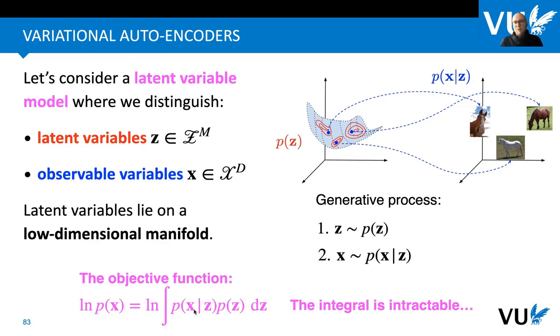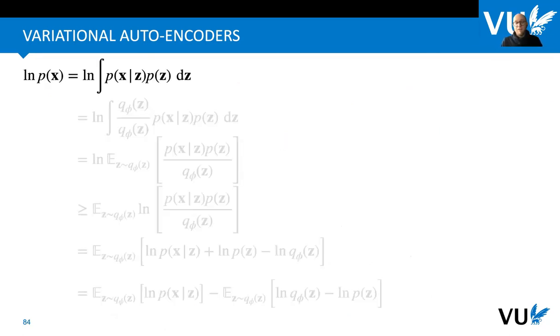But fortunately, we can apply some approximate inference. One is MCMC, and the other one is variational inference. And this is what we'll use for variational autoencoders. That's why it is called variational, because we use variational inference. So we start with the log likelihood function, sometimes called the log marginal of x.